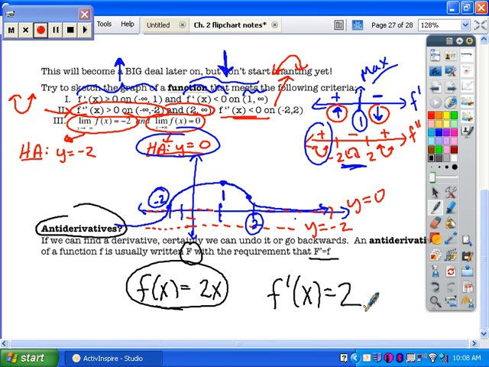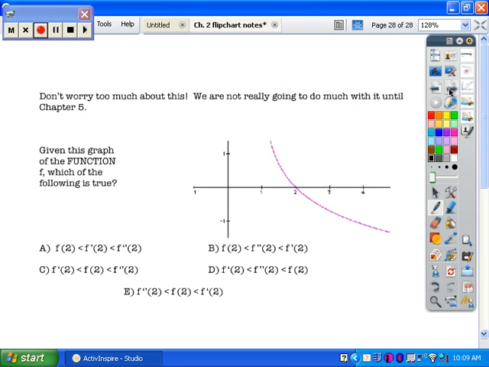And if we were going to look at the antiderivative, it is going to be x squared plus something, could be plus C. But there is a function that goes backwards that really is going to be a way to undo the derivative. So the derivative of x squared is going to be 2x. This is something we're going to go on talking about later. Don't worry about this right now. But it was on here, so I wanted to address it.